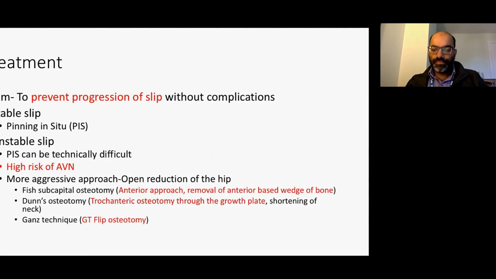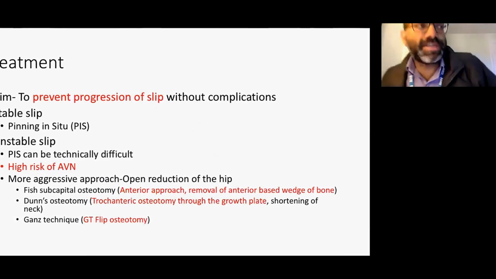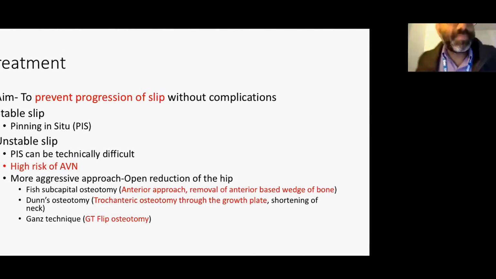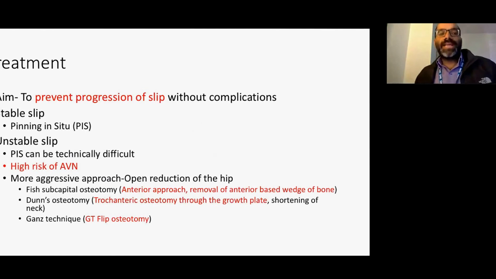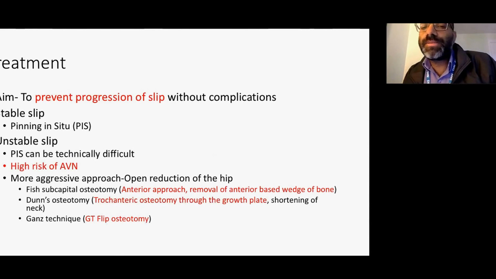Now we come to the treatment of this condition. Now, what are the aims? The aim is to prevent any further progression of the slip and without any complications. The stable slip is very simple and straightforward. I think there's hardly any controversy, and that is pinning in situ.